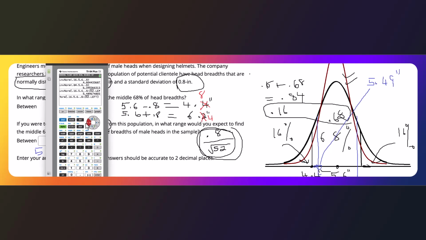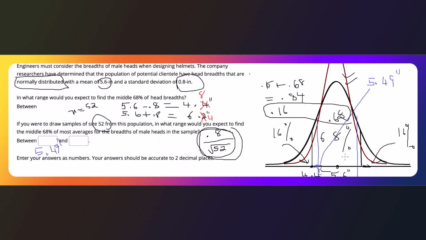Now, as we did before, we'll just put 0.84, and that will give us 5.71 as this right end point, right? And again, even by that 68, 95, 99.7% rule, you'll get the same answer.